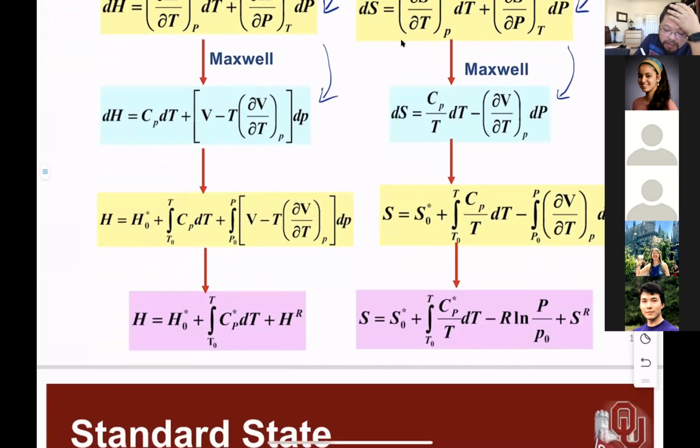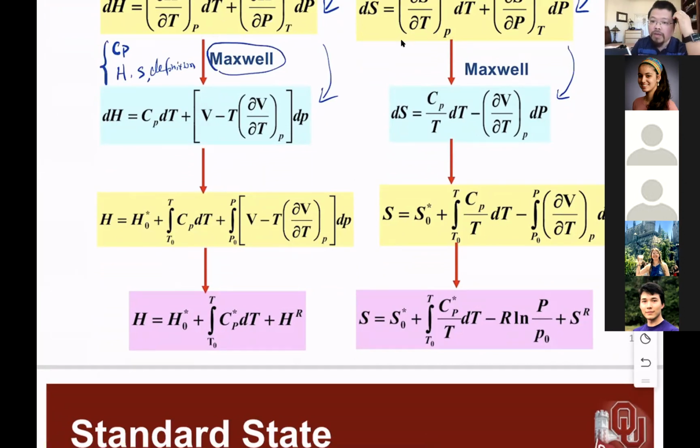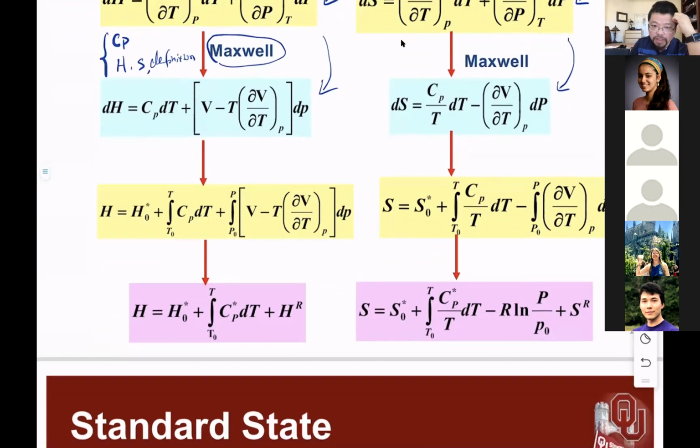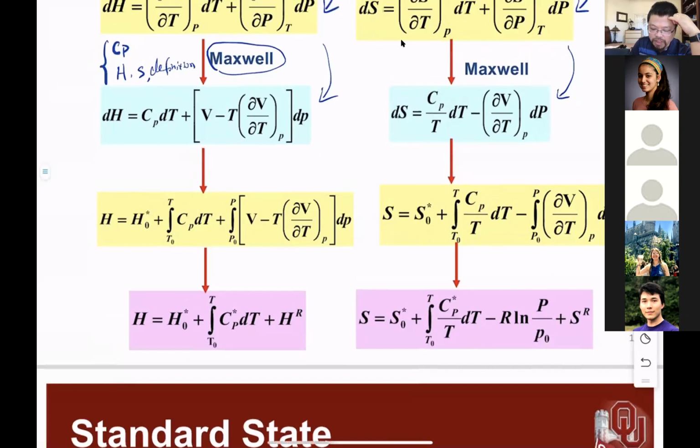So here, again, I want to remind you, we are using the Cp definition. We are using the other definition of entropy. We are also using the Maxwell relation. Then with those three resources, we shall be able to derive the two equations here.